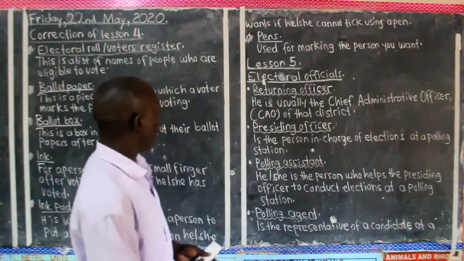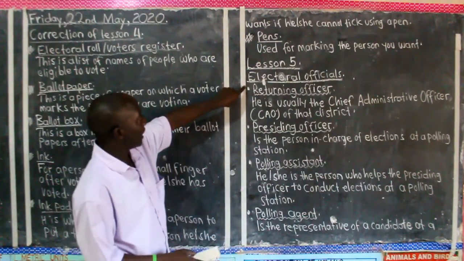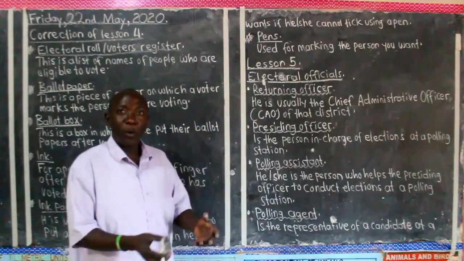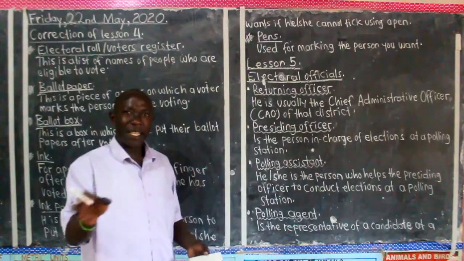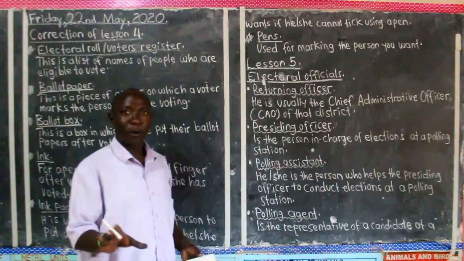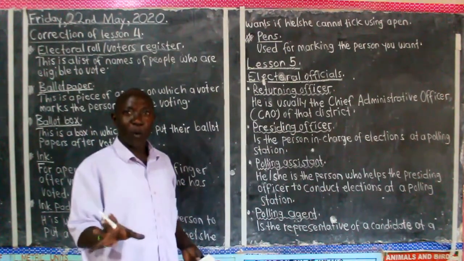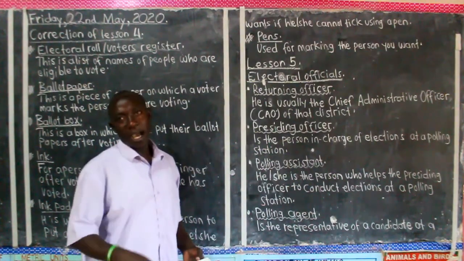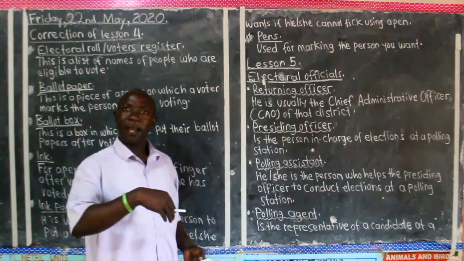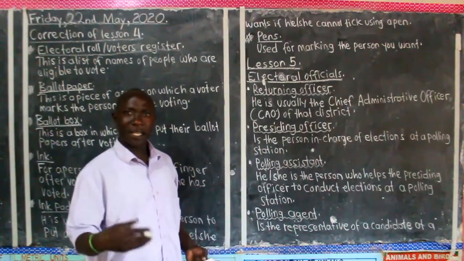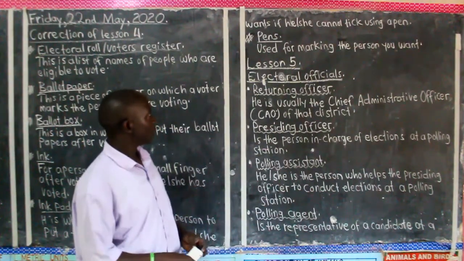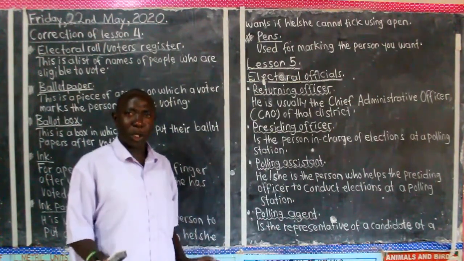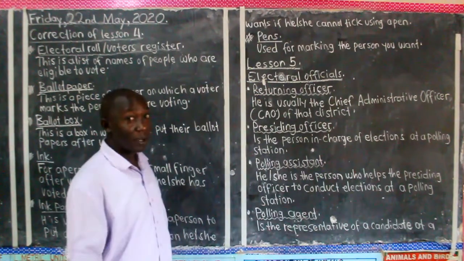So here we are looking at electoral officials, these people who deal with the election, organizers. We are going to know their names. Those people who work with the Electoral Commission at the polling station, how are they called? At anywhere, how are they called? At different levels. So the electoral officials, those only officials who deal with the election, not everybody.